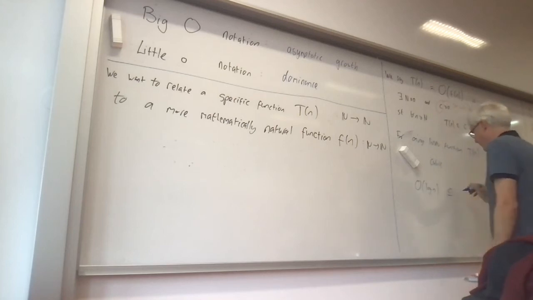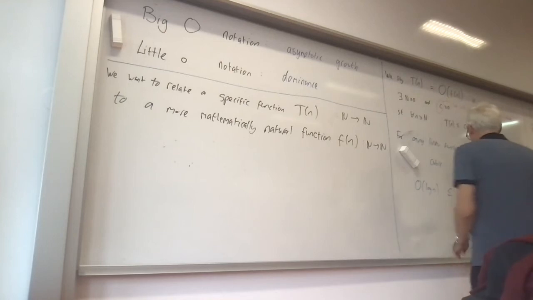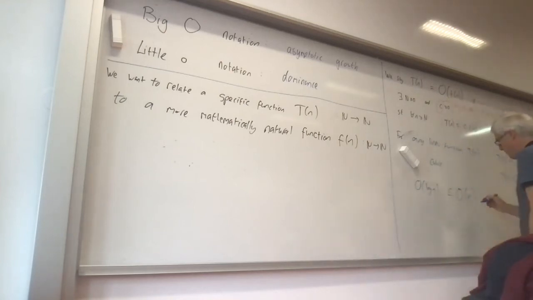Those that are asymptotically logarithmic are contained in all the linear ones. So linear ones grow more quickly than logarithmic ones, and quadratic ones grow more quickly than linear ones. And all these are contained in big O of, say, e to the n, an exponential function.